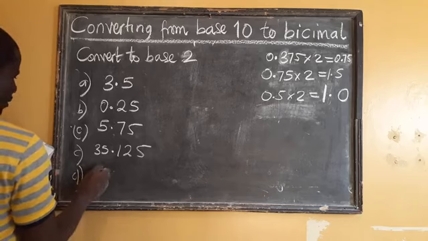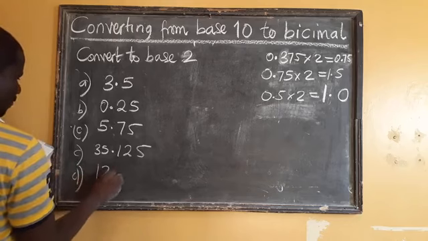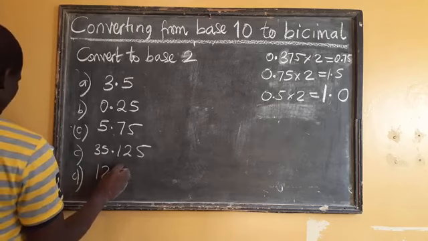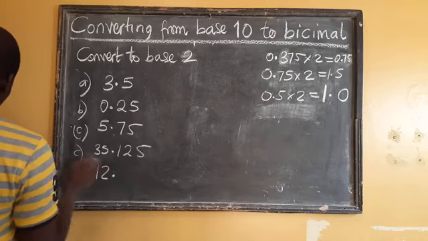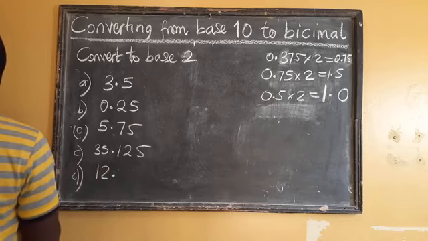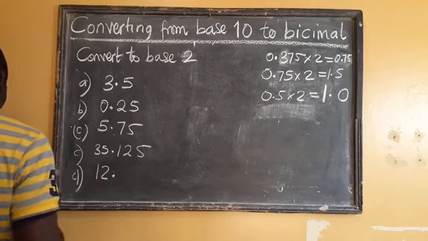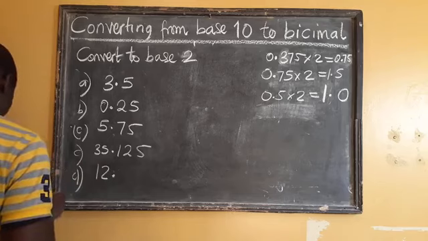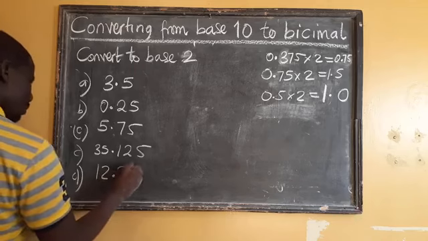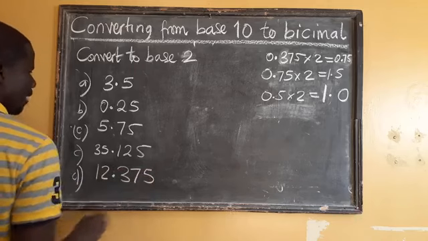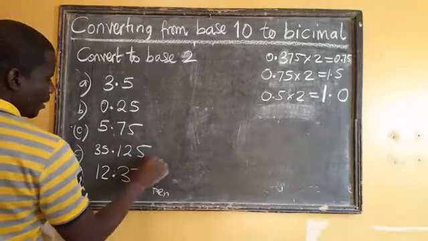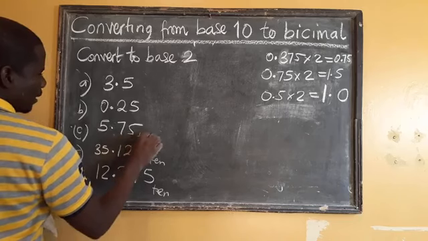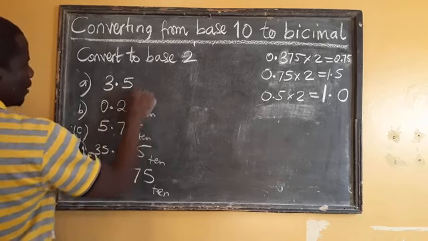D can have 12, comma, 375. Okay, all these are in base 10.